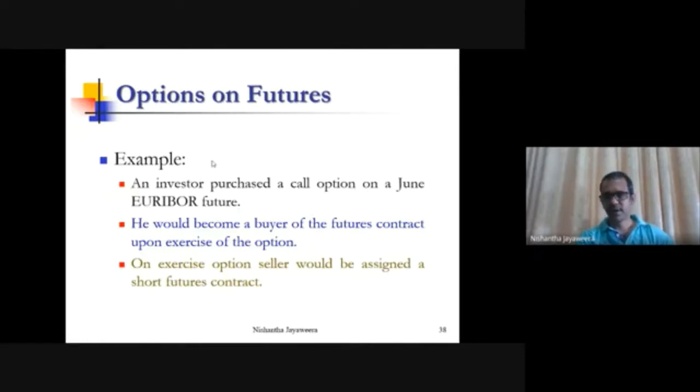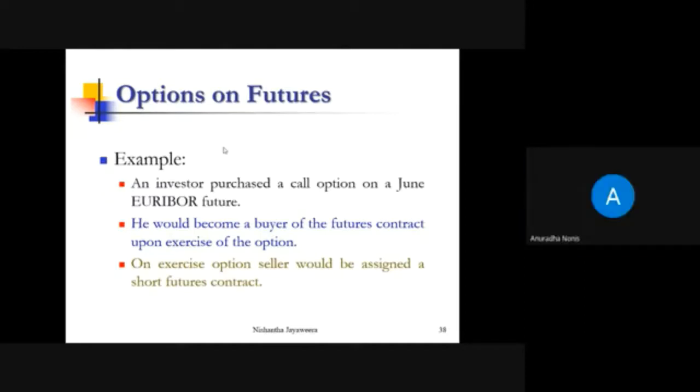So if the buyer exercises his right, what would happen? The option buyer will buy the futures contract on Euribor. Is it clear? Yes, sir. It's clear.